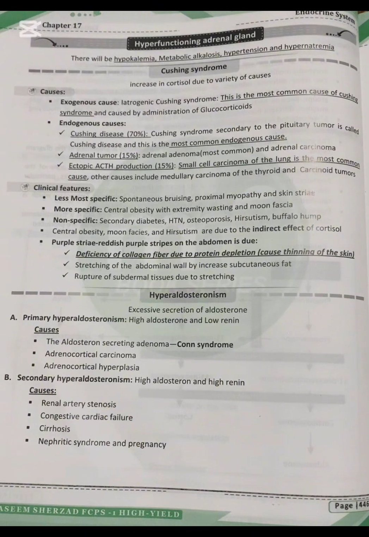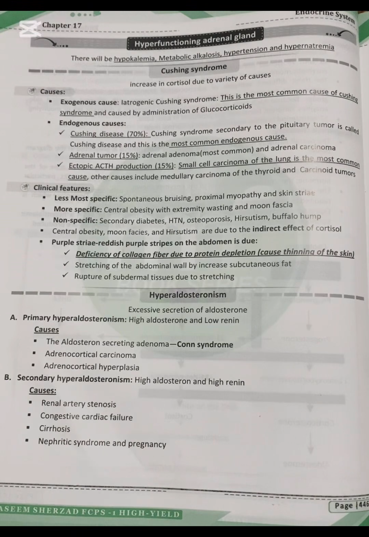These both go side by side. When you see metabolic alkalosis, there should be no hyperkalemia, it should be hypokalemia. Number two is hypertension and hypernatremia. If there is excessive aldosterone, it will absorb a lot of sodium, NaCl. If it absorbs a lot of sodium, it will cause hypernatremia, and that leads to hypertension. So hypernatremia will always be with hypertension.